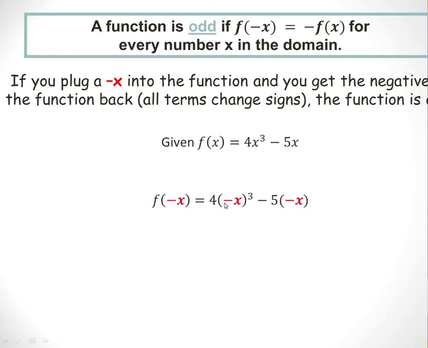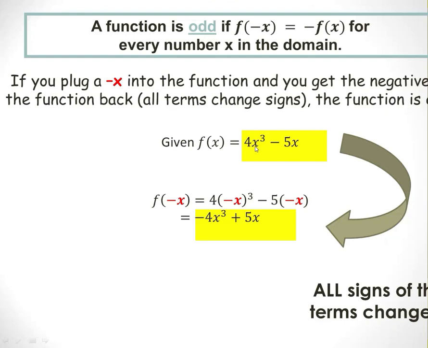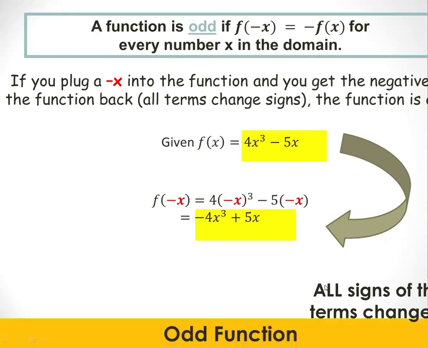In this case, we found f of minus x, and we got that it is the same but with opposite signs, so it is an odd function. If it's not the same sign, not opposite signs, we say that it's neither odd nor even. Sometimes some functions are neither odd nor even.